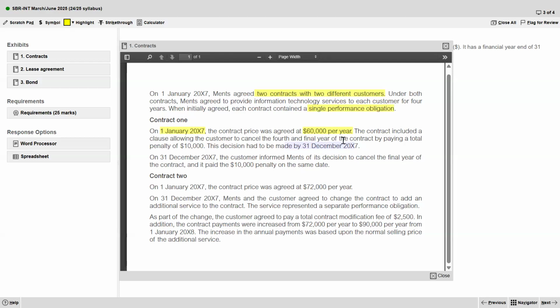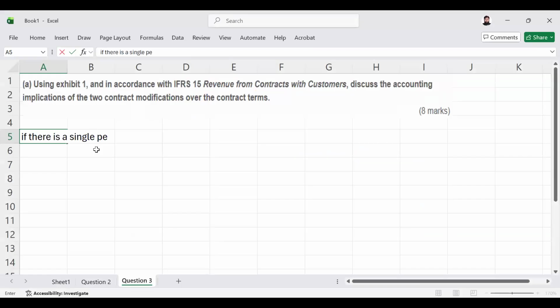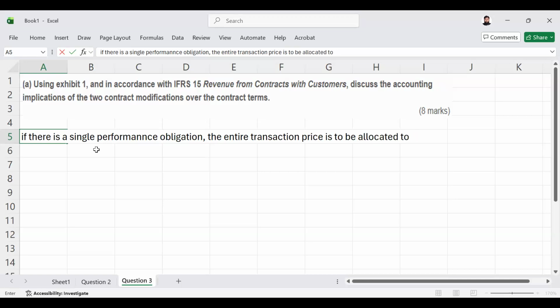Now, what is actually going to happen is that just try understanding this. If there is a single performance obligation, the entire transaction price is to be allocated to that single performance obligation.